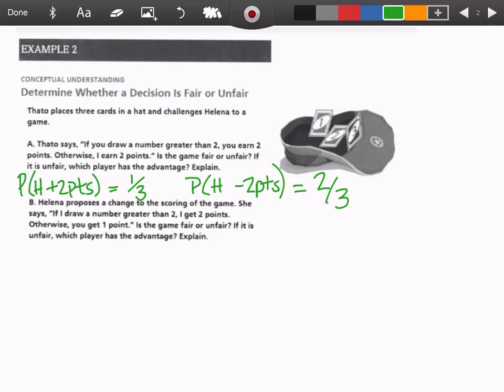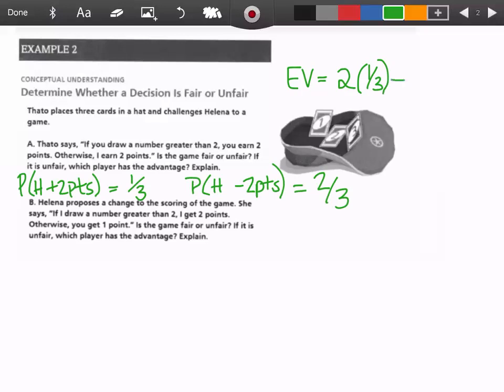Let's use the expected value to figure out if the game is unfair or fair. The expected value will tell you what potential points can be earned by each one of them. So for the expected value, Helena is going to earn 2 points with a probability of 1/3.